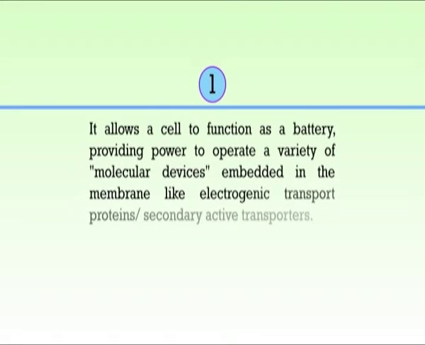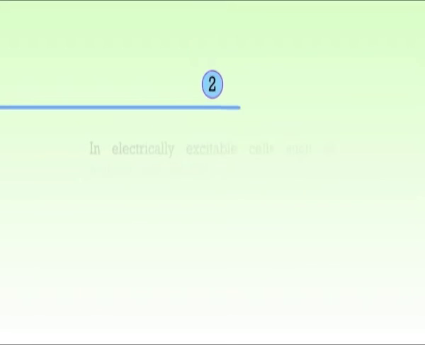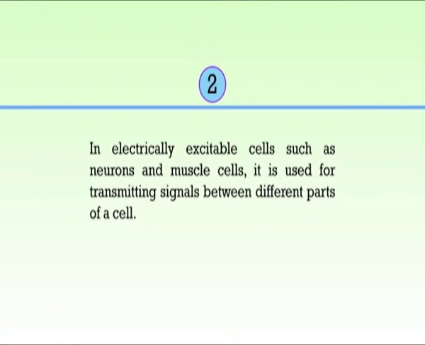First, it allows a cell to function as a battery, providing power to operate a variety of molecular devices embedded in the membrane, like electrogenic transport proteins, which are the secondary active transporters. Second, in electrically excitable cells, such as neurons and muscle cells, it is used for transmitting signals between different parts of the cell.